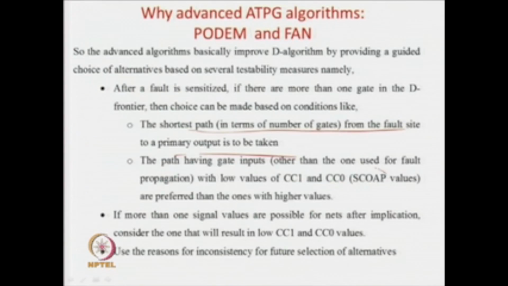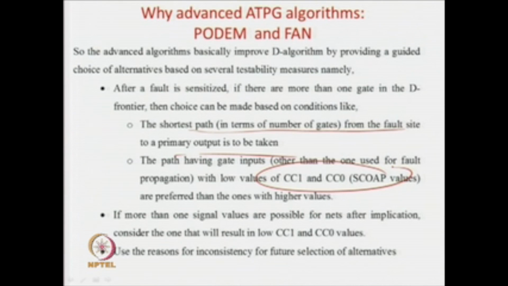So, if there are n D frontiers, the one with the shortest path to the primary output can be a choice. Similarly, you can use SCOAP values to find which are the easier paths and which are the difficult paths to drive your fault. For example, to propagate the fault effect through an OR gate, one input should be 0, and there can be another option in which you propagate the same output through an AND gate.